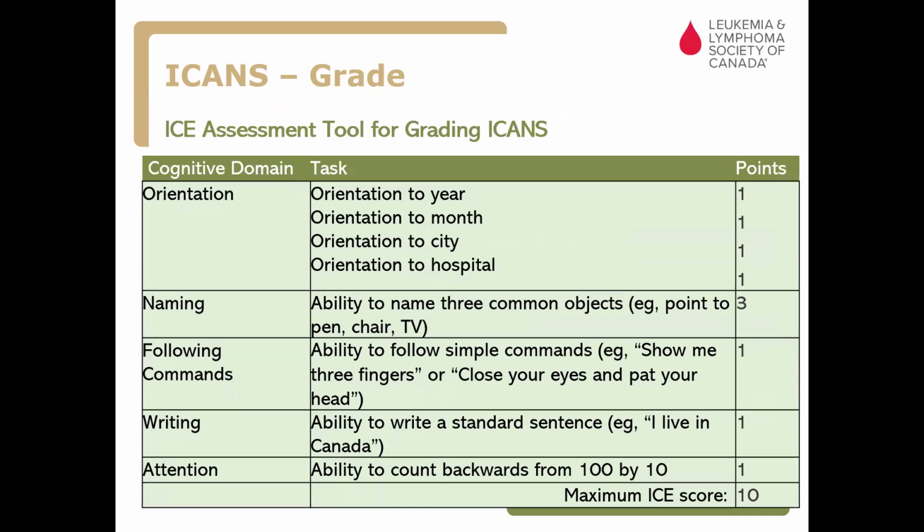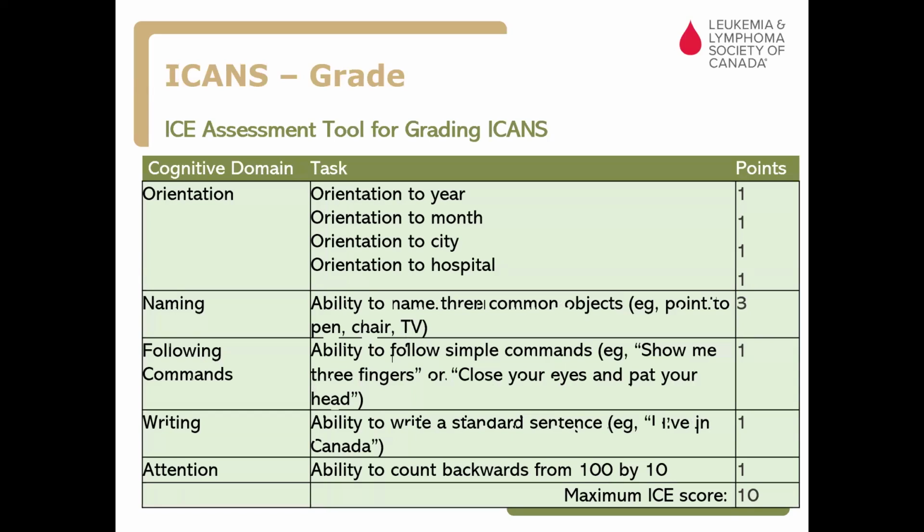So grading ICANS involves the ICE assessment tool for grading ICANS. So the ASTCT group developed the current consensus guidelines for grading ICANS. And the first component of this is the immune effector cell-associated encephalopathy, or ICE tool, which evaluates patients based on 5 factors.